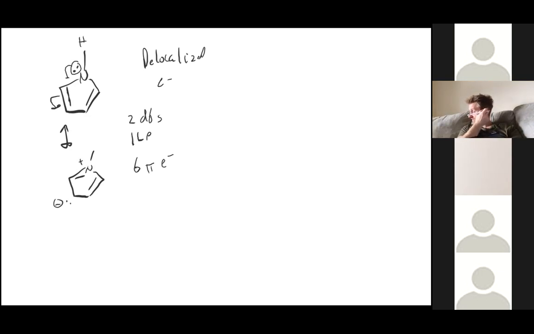A good rule of thumb is that if your lone pair does not have a double bond attached to it, it's going to be delocalized. Versus something like pyridine, where these 2 electrons are localized.